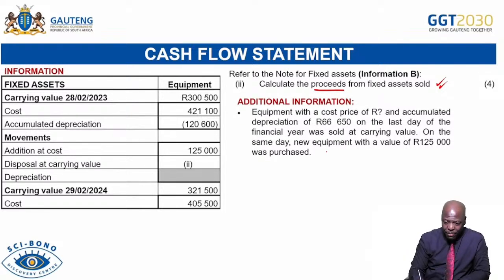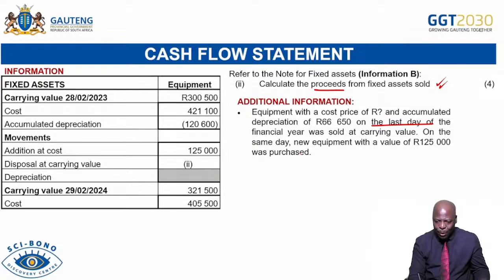Additional information: equipment with a cost price, so they did not give us the cost price of this equipment, and it had accumulated depreciation of 66,650 on the last day, very key, on the last day of the financial year, was sold at carrying value on the same day. On the same day, new equipment with a value of 125,000 was purchased.